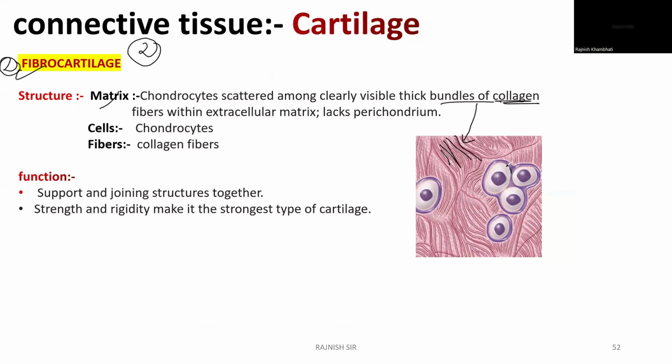And in between them, these are the cells, chondrocytes, in the lacunae. And what is a lacuna? This is a pit-like structure, and in the lacunae, cells are present.